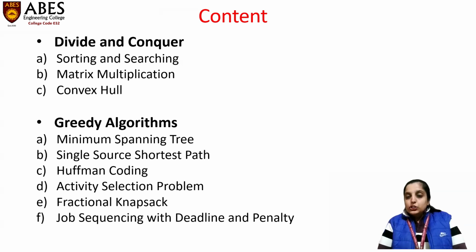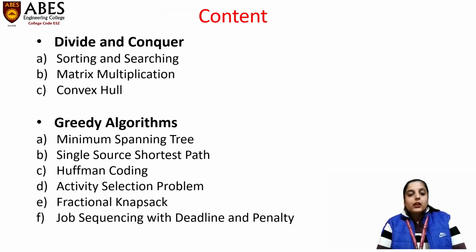But the solution that you will get at the end does not guarantee that this solution is the best optimal solution. So that's the major drawback. And from here, your dynamic programming comes into the picture. But that dynamic programming mainly will be covered in unit number 4.